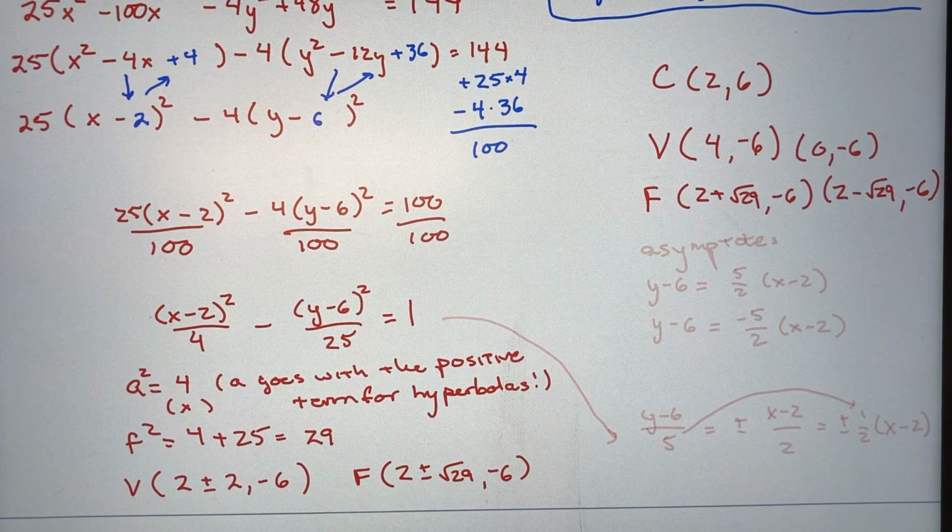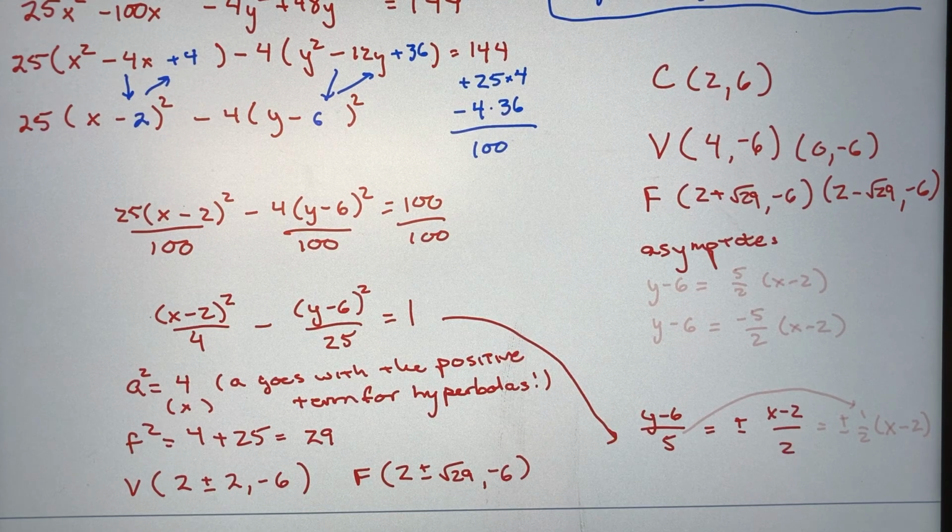My asymptotes, let me just do a little work down here. I'm going to take y minus 6 over 5 equals plus or minus x minus 2 over 2.